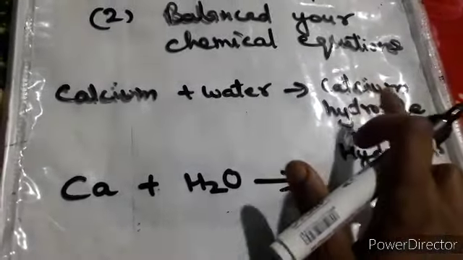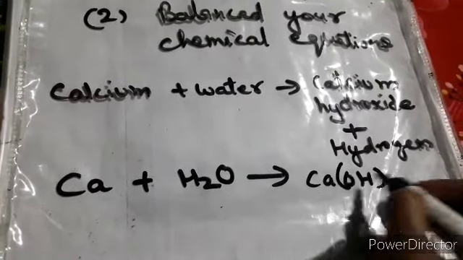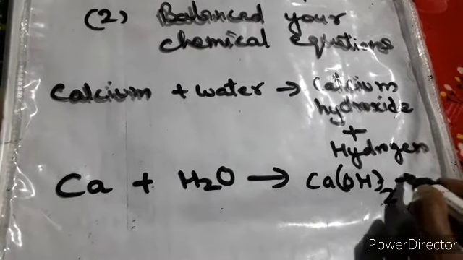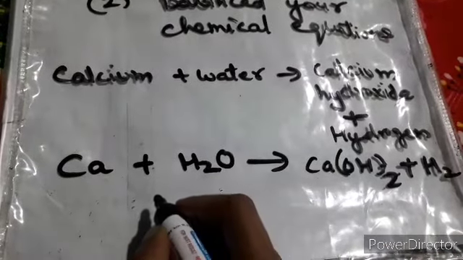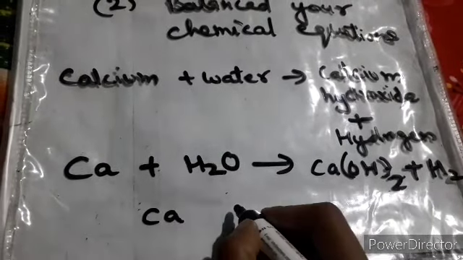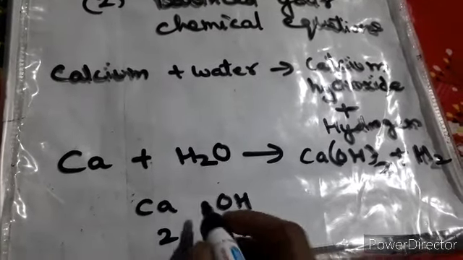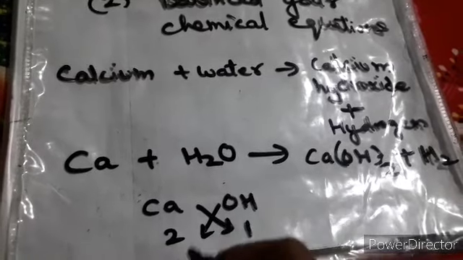You have to write down calcium hydroxide. I am writing over here calcium hydroxide, but you know how to write down its formula. And hydrogen you know. Fine, I am once again telling you how to make calcium hydroxide. Calcium is Ca, hydroxide is OH. Its valency was 2, it's 1. We are not putting the charges, we were just simply cross multiplying it, and whatever comes we write down.